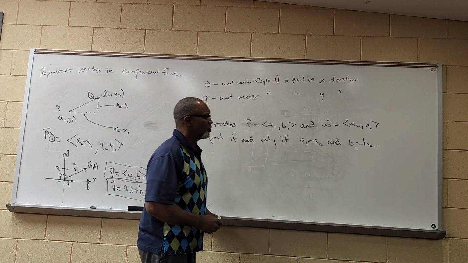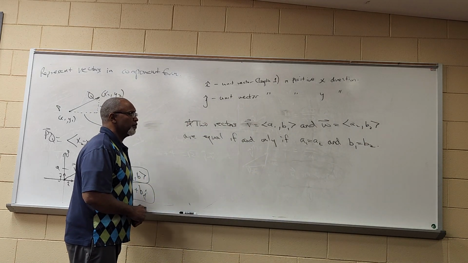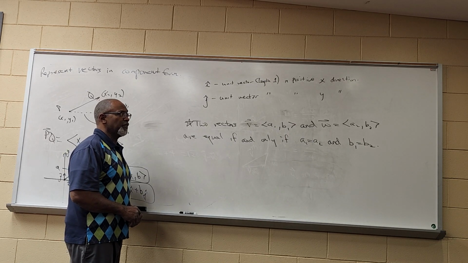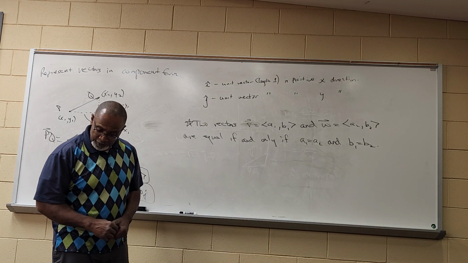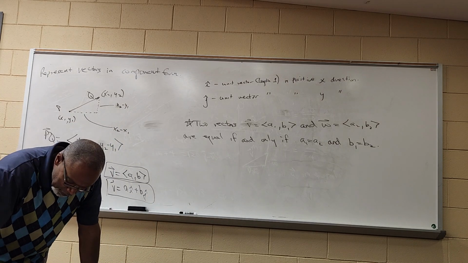That's when two vectors are equal. Vector V equals vector W if and only if A1 equals A2 and B1 equals B2.